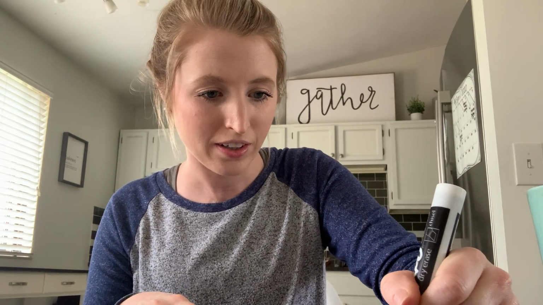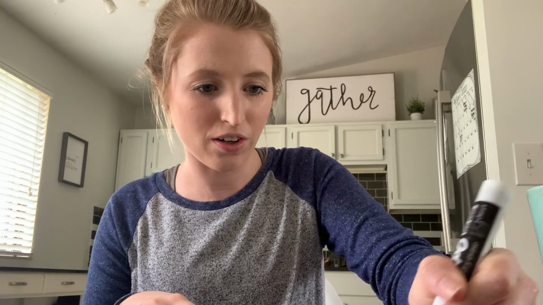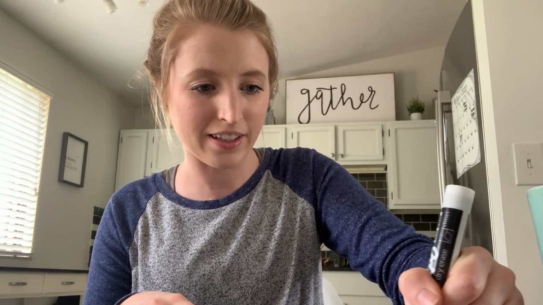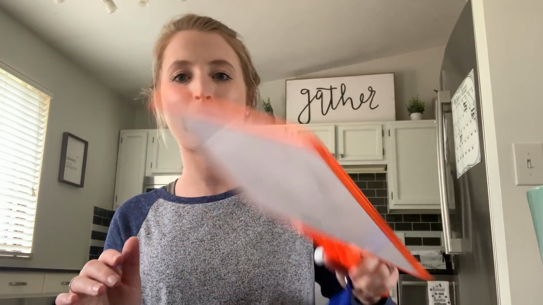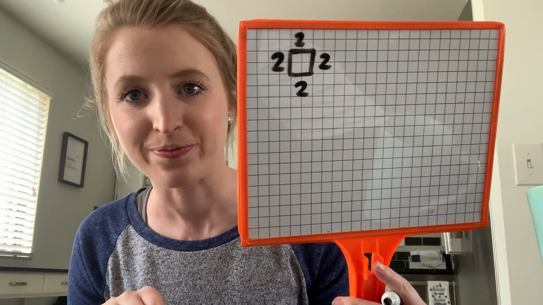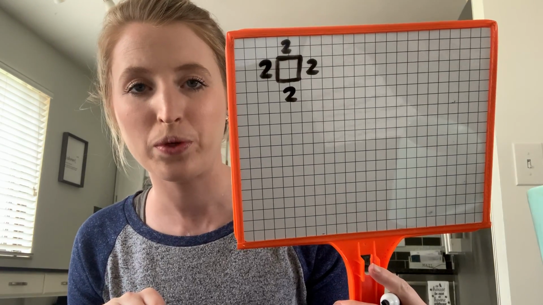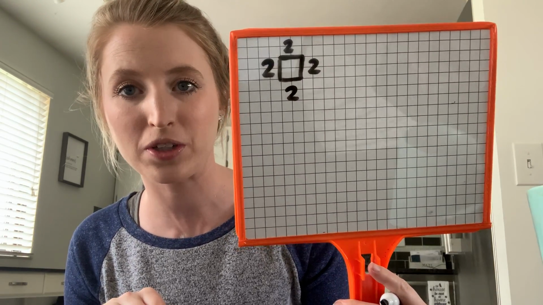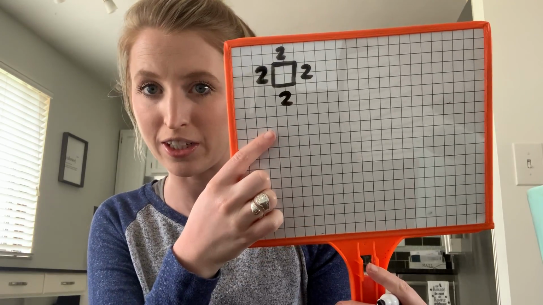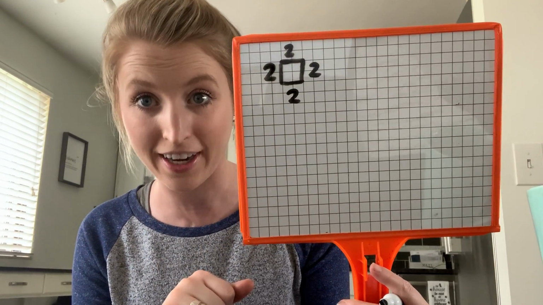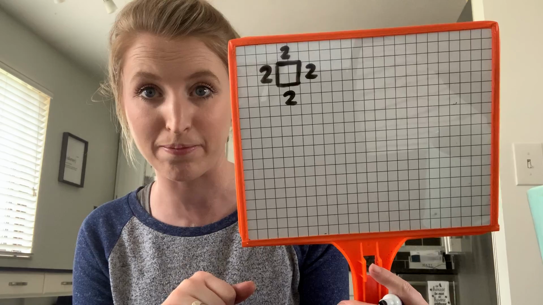All right, so now let's do a problem together. Get your pencils ready, and let's draw a square that has all 4 sides with a length of 2. So it's a tiny square. We have to add all 4 sides together. Remember, when you're dealing with squares, all 4 sides are equal. They're the same.